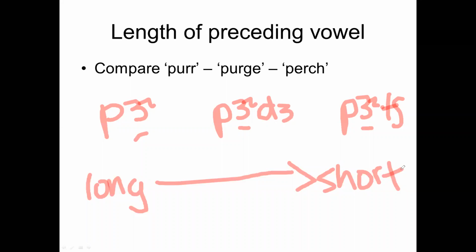Just remember that that's what will happen. Always the ones with an open syllable here with no consonant after it, it's going to have the longest vowel. A vowel that's followed by a voiced consonant is going to be slightly shorter than that, and the one with the voiceless consonant after the vowel is going to be the shortest of all.